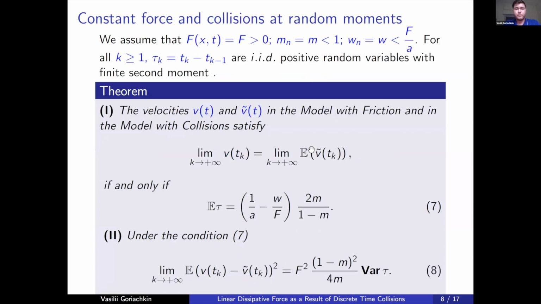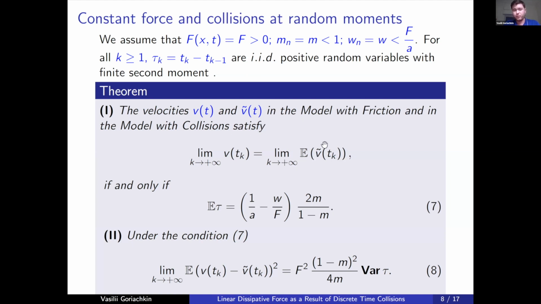If we have the same conditions as before, but instead of a constant time between collisions we take IID positive random variables with finite second moment, then again we have asymptotic equivalence.